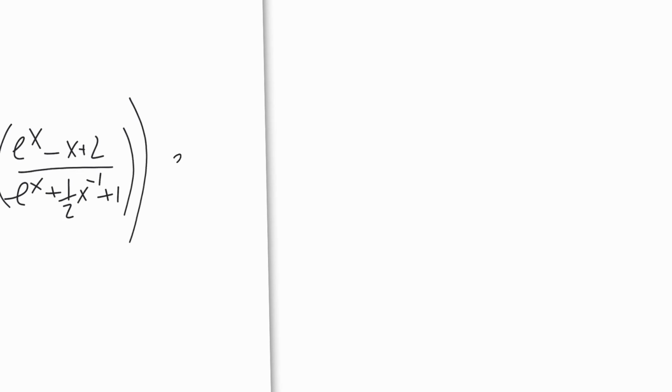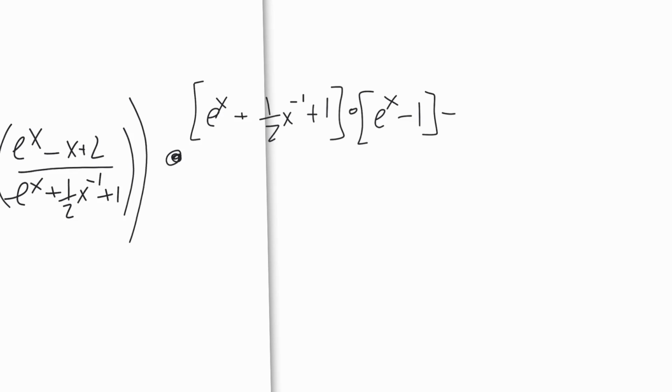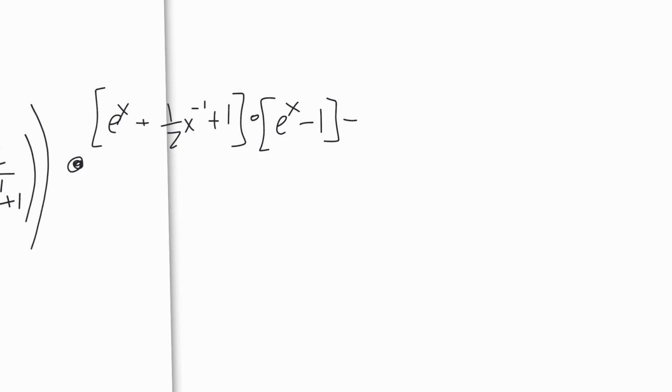Times. So we're going to do low d high. Low is going to be e to the x plus 1/2 x to the minus 1 plus 1. D high is going to be e to the x minus 1, less, let's just keep moving this screen on over, high, e to the x minus x plus 2, d low.